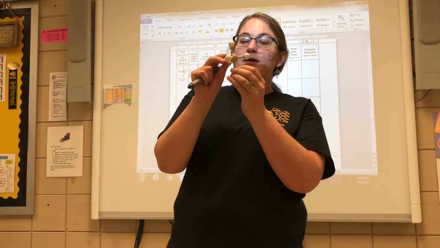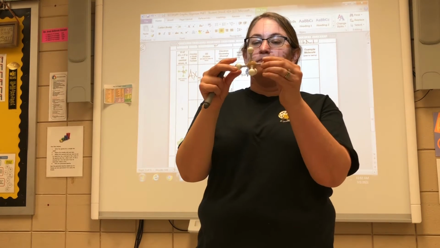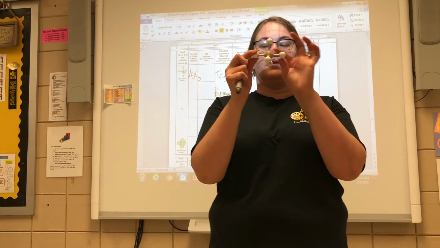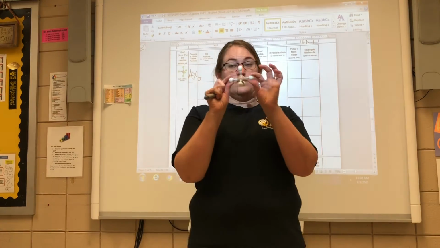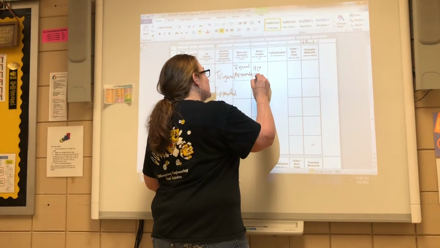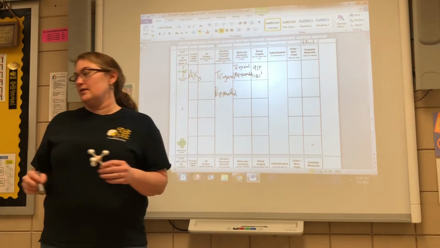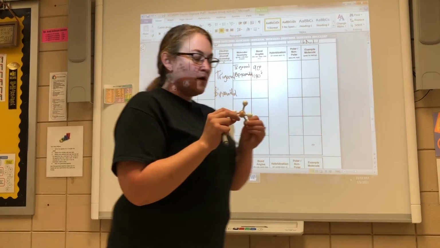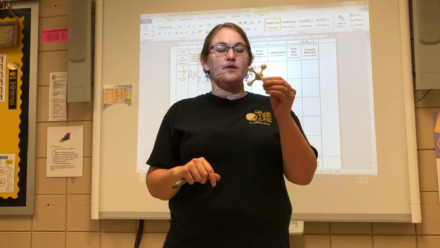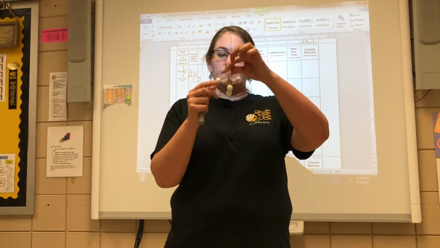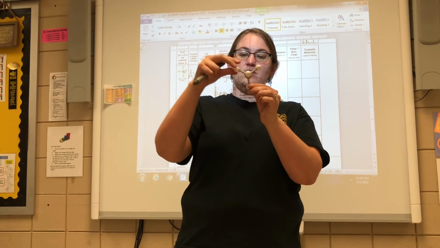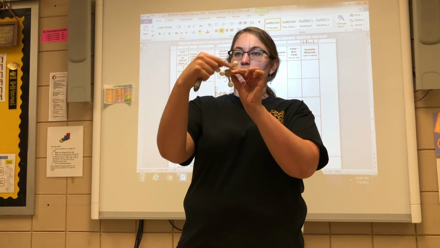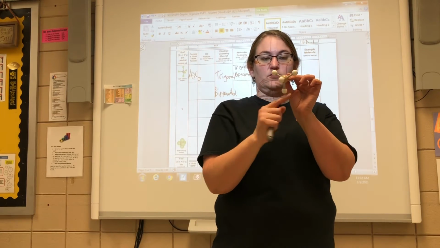What about the bond angle of, say, these 3? These 2 that I'm touching and the one in the middle. That's a 180. So it also has a 180 degree bond angle. Now, what about the bond angle of, say, these 2 and this bottom one here, and it goes like this? 120, because it's 3 different parts.